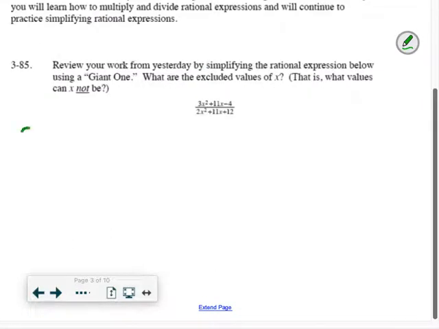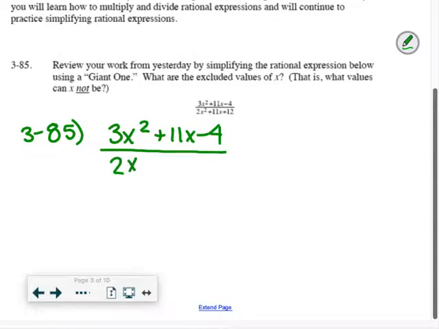So in your notebooks, write down problem 385, which is 3x squared plus 11x minus 4 over 2x squared plus 11x plus 12. So hopefully if you took away anything from yesterday, it was that we can't reduce or cancel things out unless our numerator and our denominator are written as products.